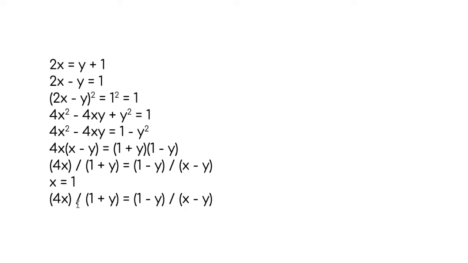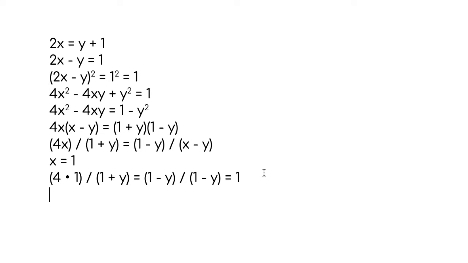Now we're just going to change it, so that's going to be 4 times 1, and the right side is just 1. And so now we get 4 over 1 plus y equals 1. Now we just move the 1 plus y back to the right side of the equation to get 4 equals 1 plus y.